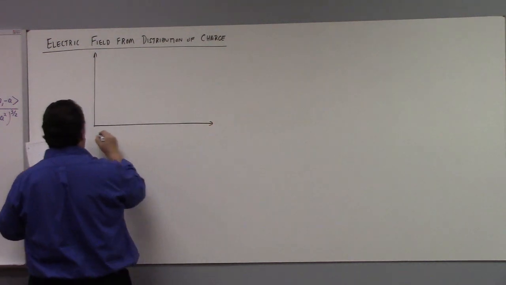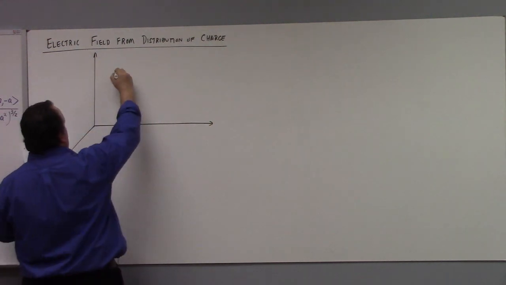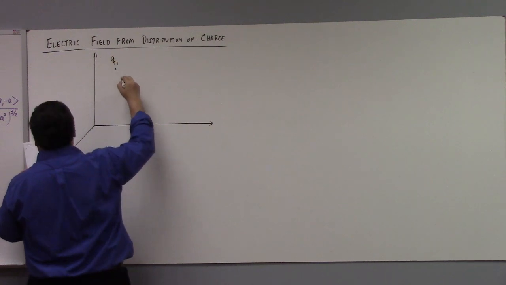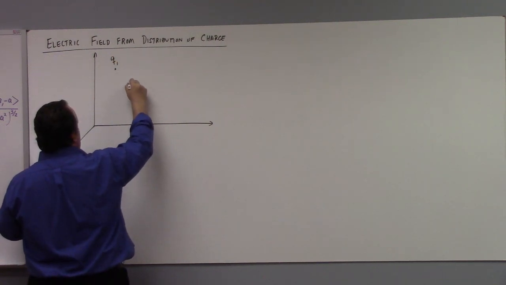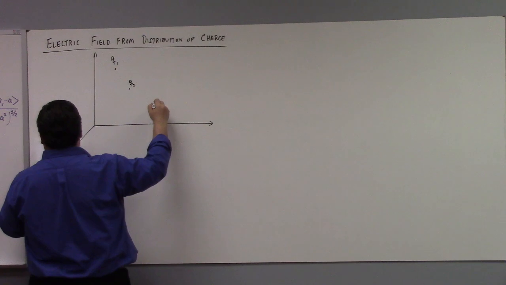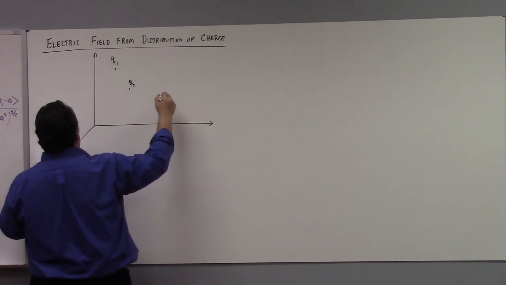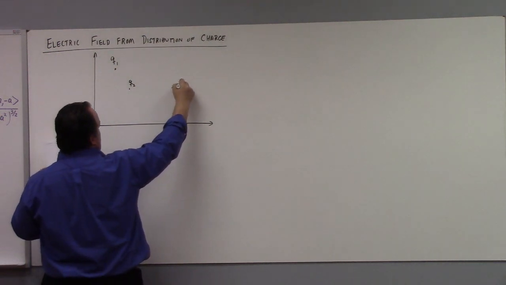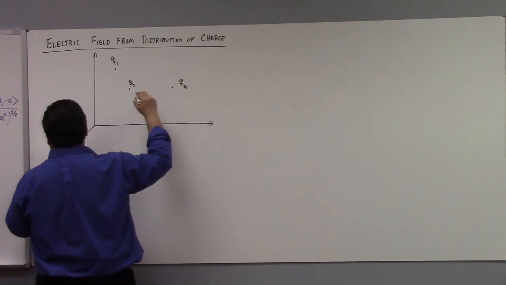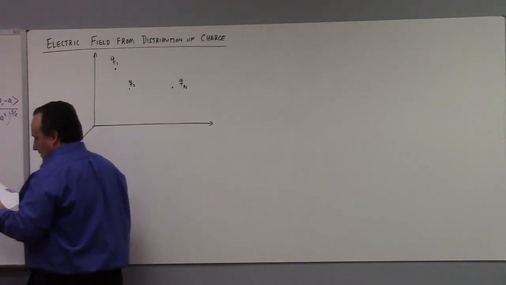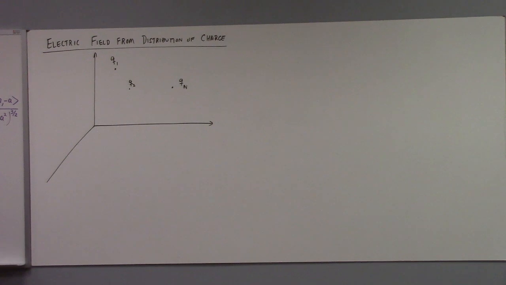I draw the coordinate system, right? Here's Q1, here's Q2, and on and on. Suppose I've got n of them. I've got my position vector to the first one, to the second one, all the way out until I get to the nth one, all these position vectors.